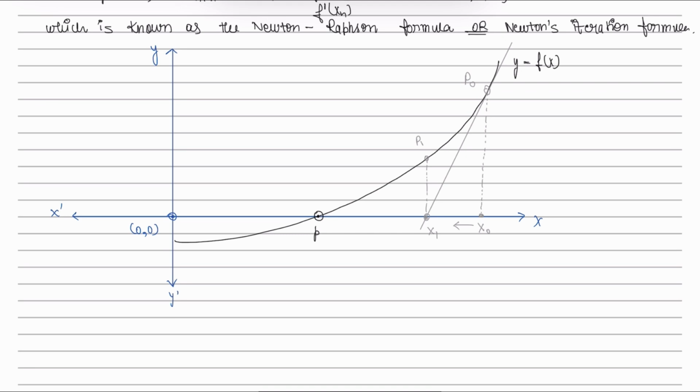Again drawing the tangent at that point which cuts the x-axis at the point x2, and its corresponding point at the equation y be p2. Again drawing the tangent and continuing this process, we will get a sequence of points xn which will converge to the point P. So this is how the Newton-Raphson method works.